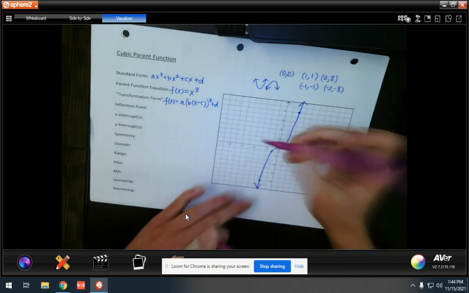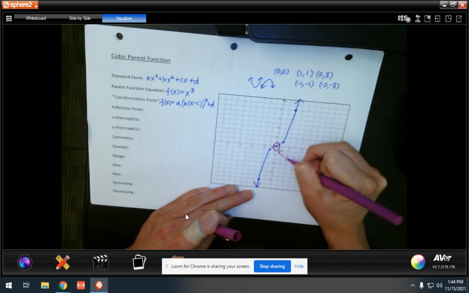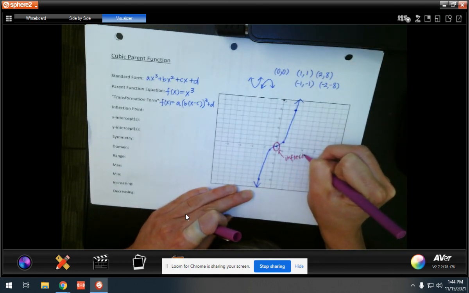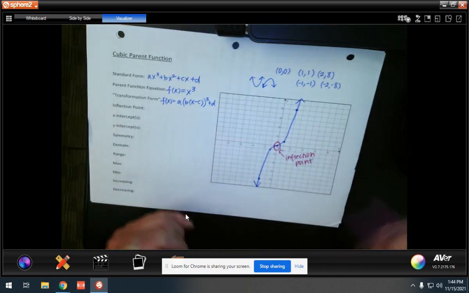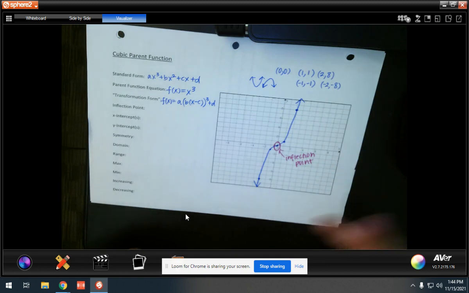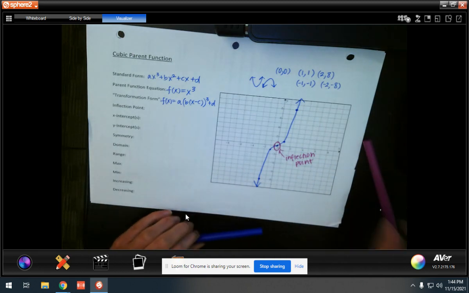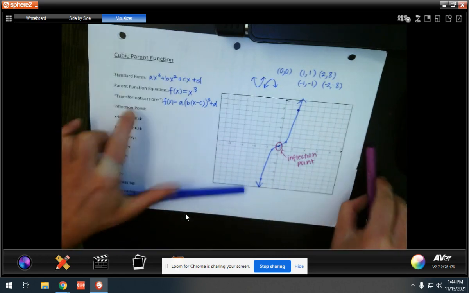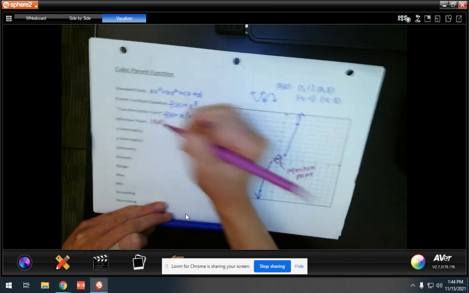Okay? And so where it changes concavity is called the inflection point. We talk about voice inflection when you change your voice. So inflection point. And so that's what that means right here is inflection.